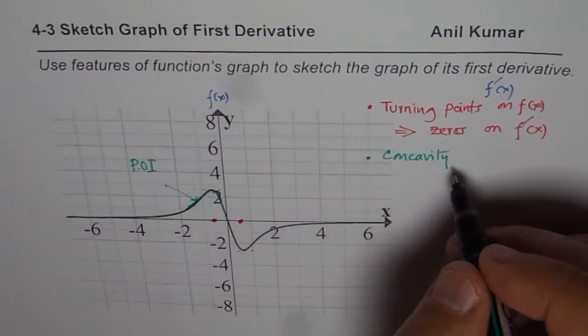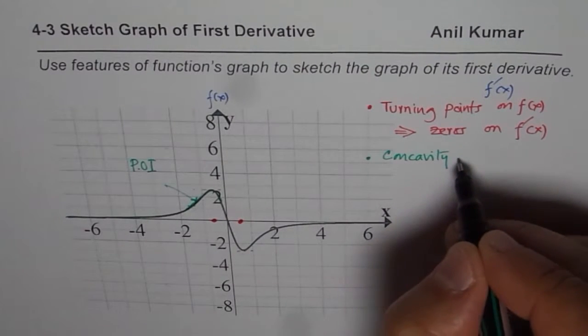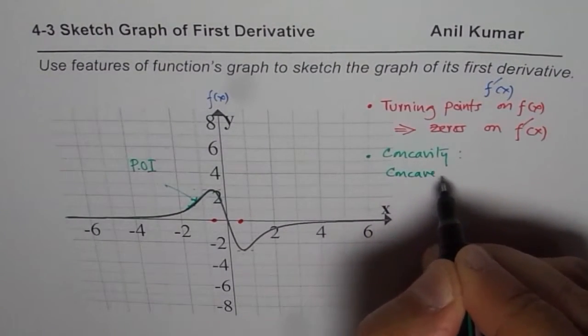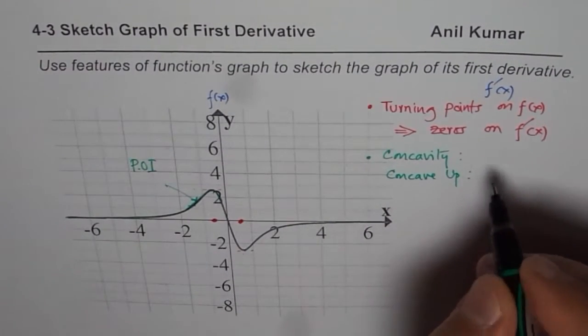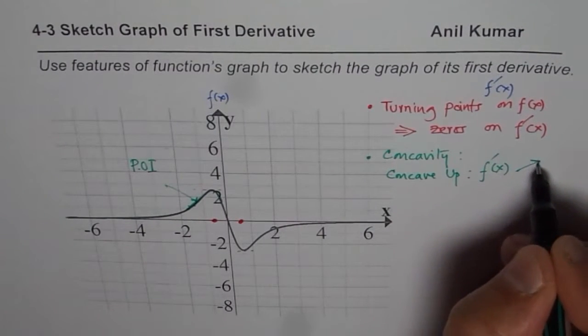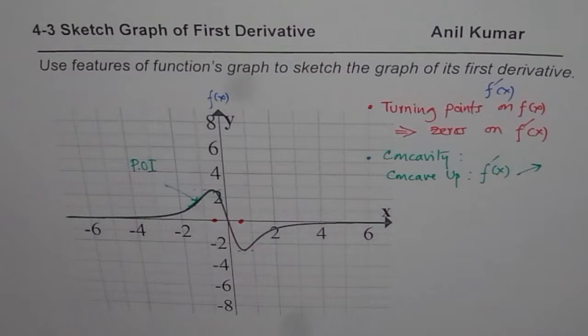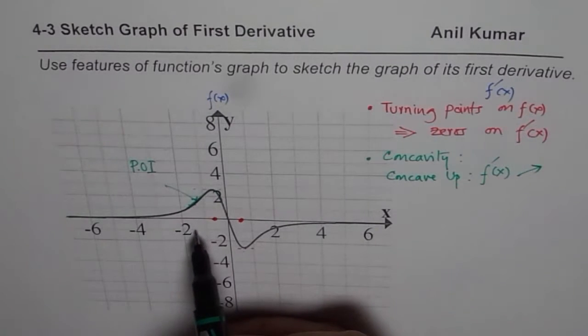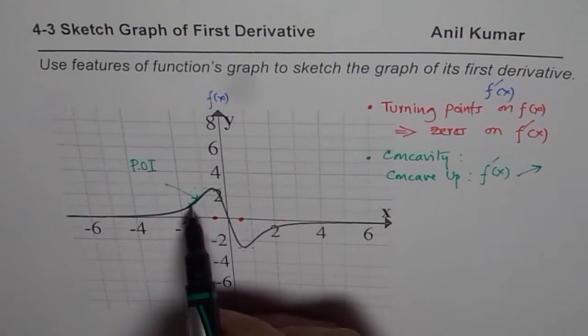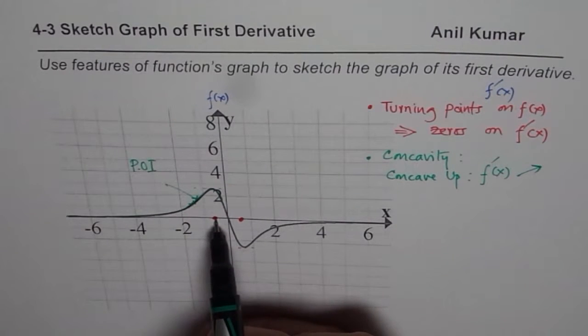So whenever the concavity is, let us say, concave up, that really translates to the derivative is increasing, right? So that is, I'm trying to show you it is increasing. Do you get the idea, right? We need to appreciate that at this point derivative is 0. So it will increase to some point and then decrease, correct?